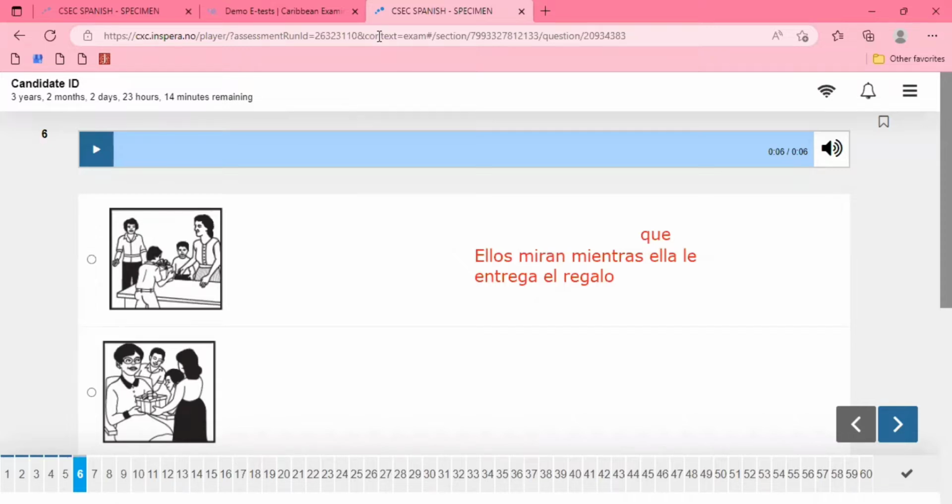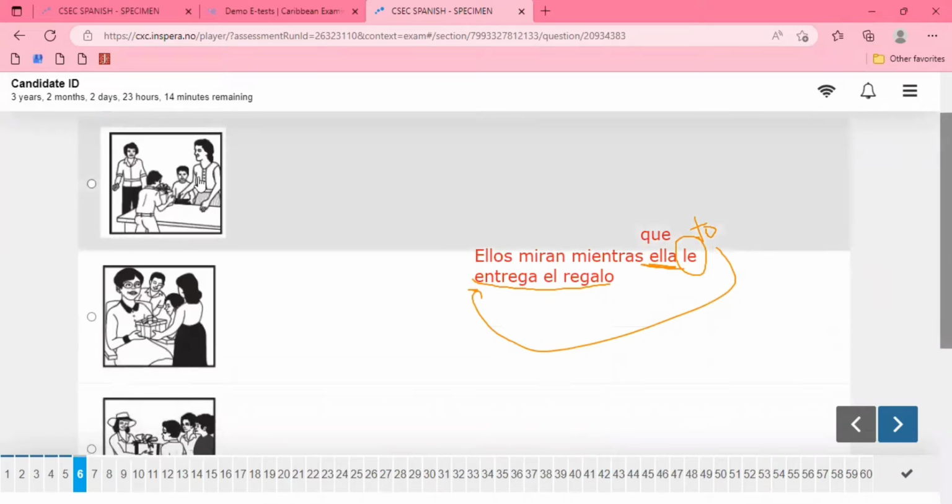So just a quick grammar review, I'd say. "Le" in this case is an object pronoun, right? So "le entrega." So she gives the gift to someone, all right?